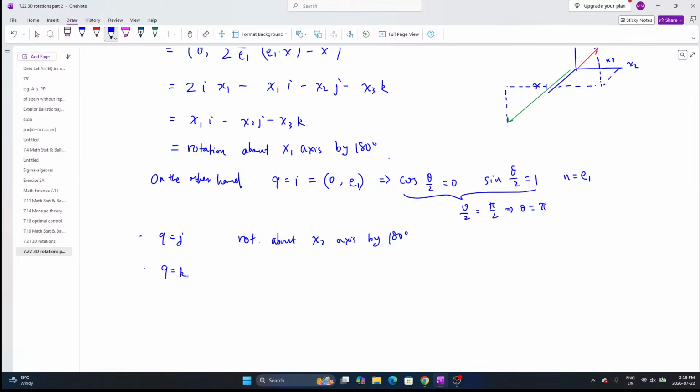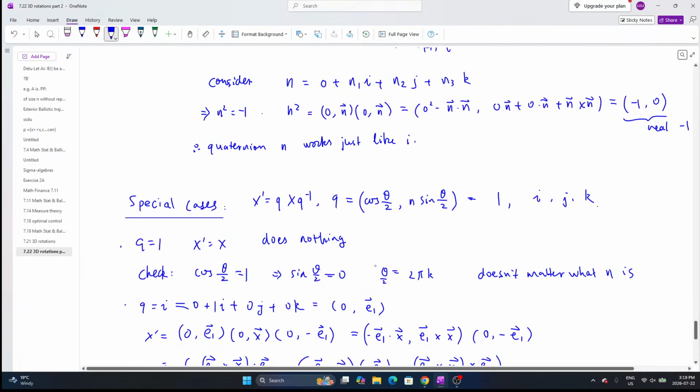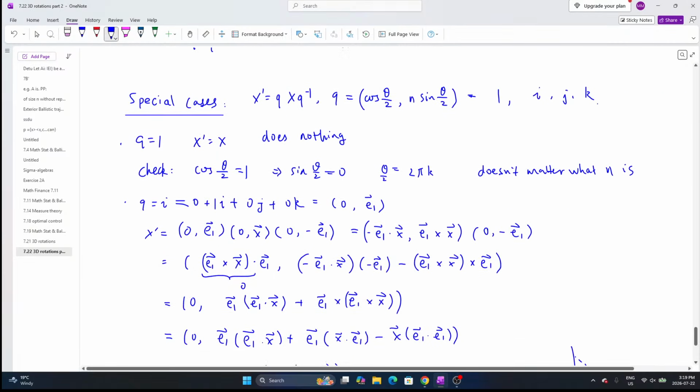Q equals K, rotation about the x3 axis by 180 degrees. Okay, so that's pretty cool. That's the rotation formula verified.